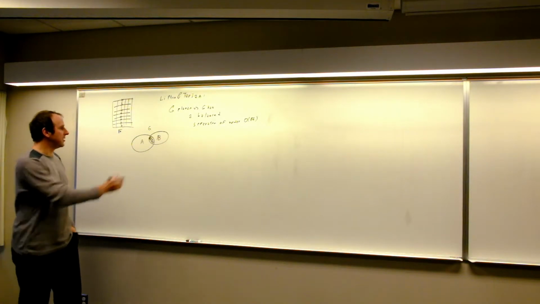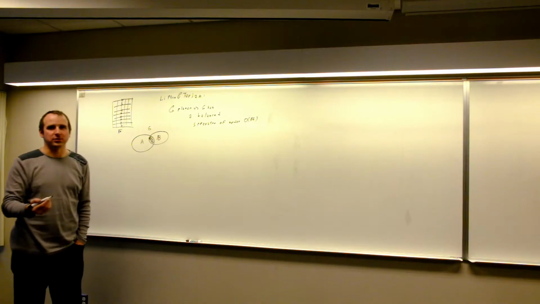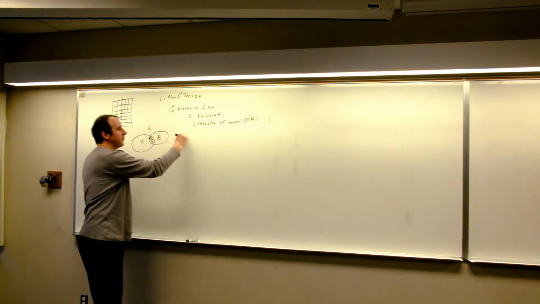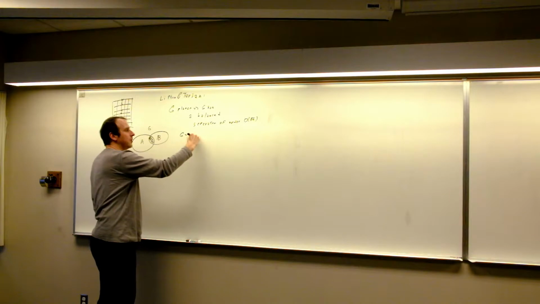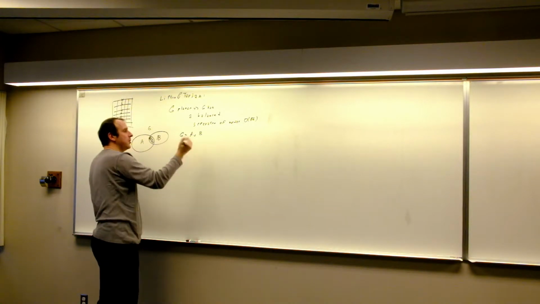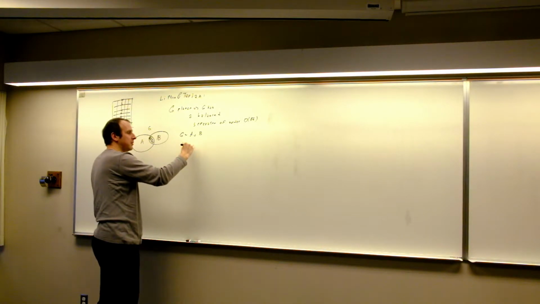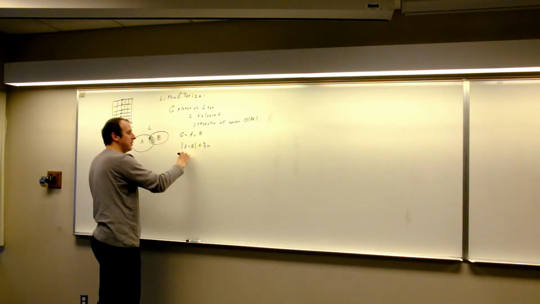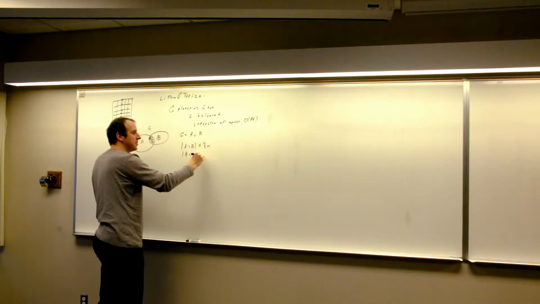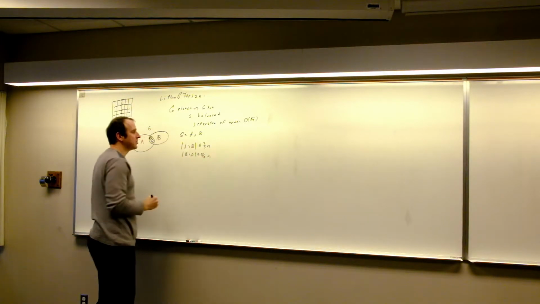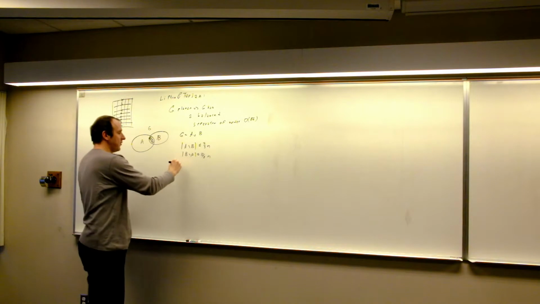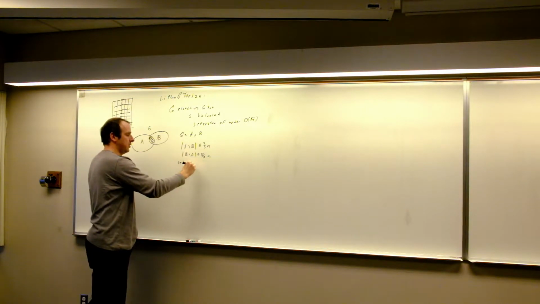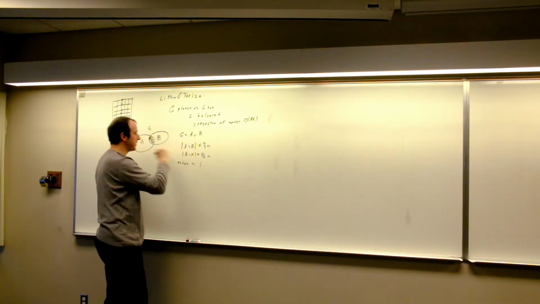The standard choice is 2/3 of the vertices of the graph. So we want that G is the union of these two parts, that this part has size at most 2/3 of n, and this part has size at most 2/3 of n, and then the order of the separation is the size of the intersection.